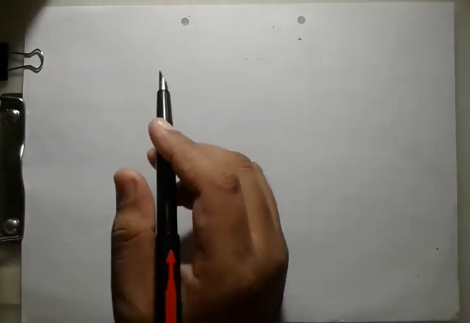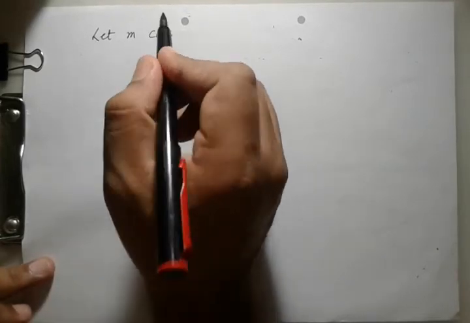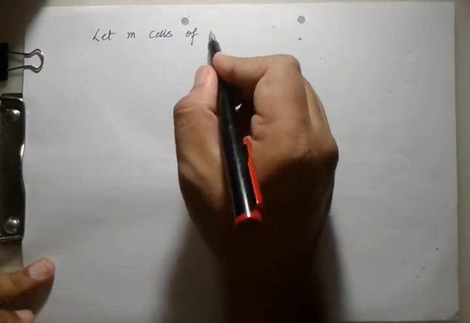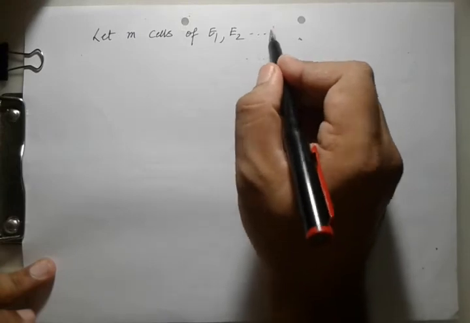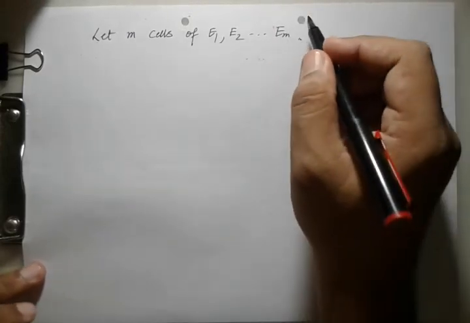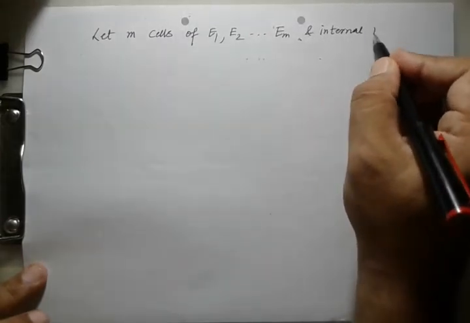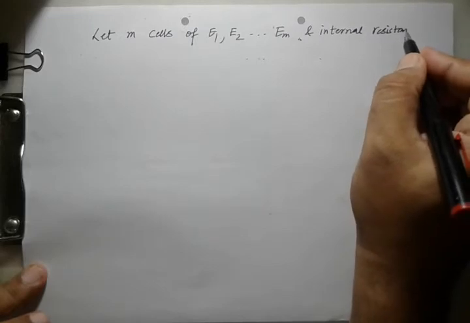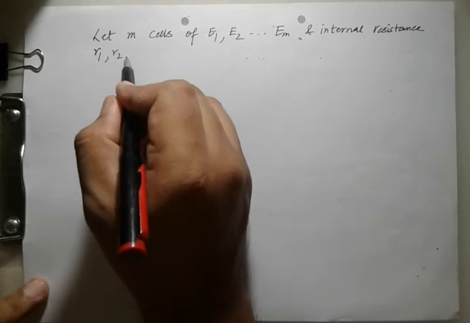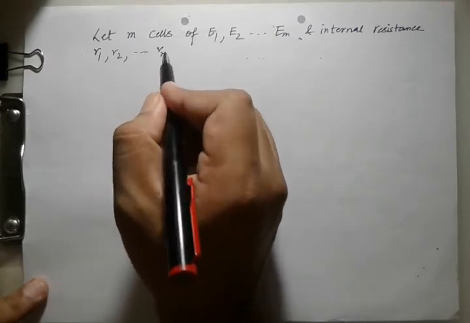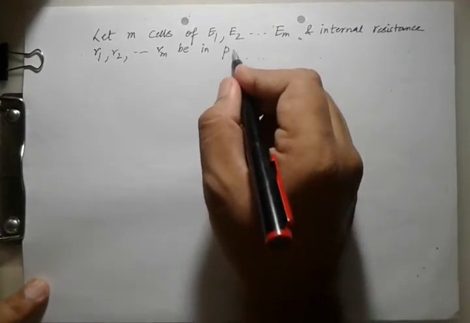So generalizing, let M cells of EMF E1, E2 and so on up to EM, with internal resistances R1, R2 and RM, be in parallel grouping.